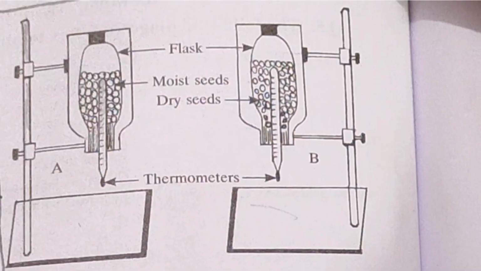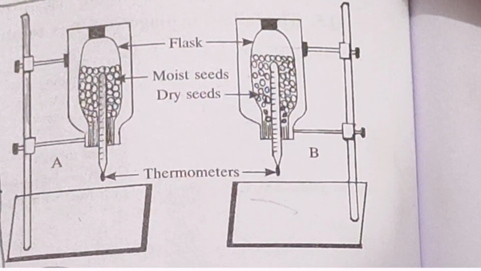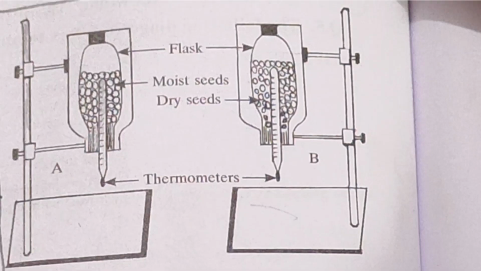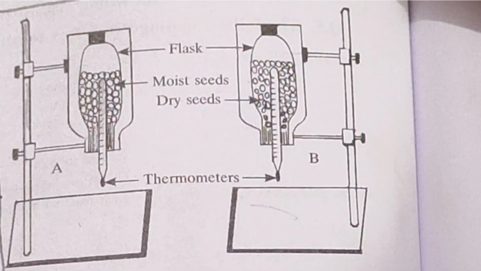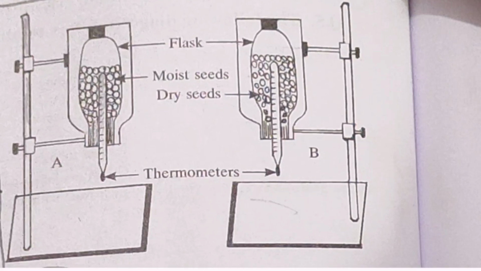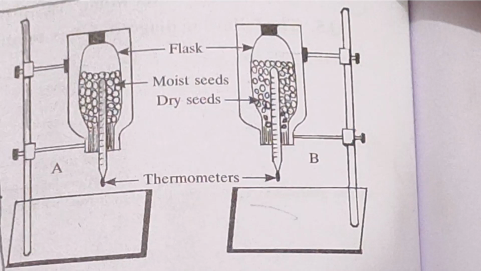In the next experiment, you will require 2 flasks, each in this shape. Fill flask A with moist seeds and flask B with dry seeds. Then insert thermometers in each of them. Using a stand, keep them in this manner.